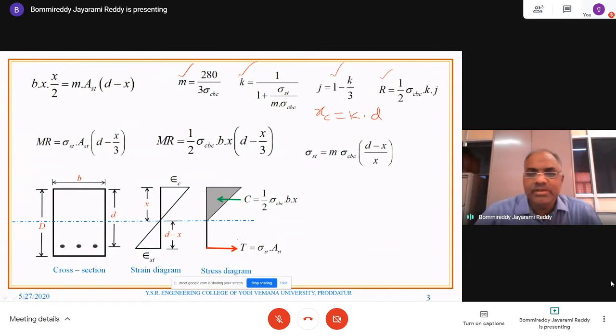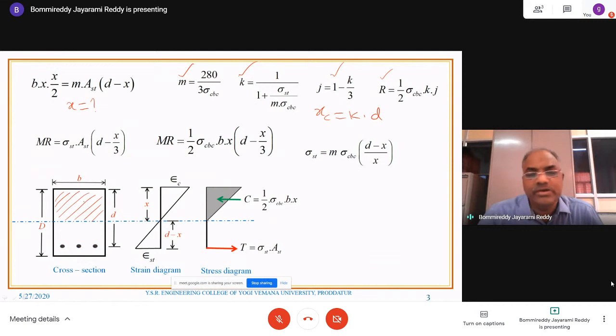Initially, for analyzing the problem, you need to find out the actual depth of the neutral axis. If you want to find the actual depth of the neutral axis, take moments of all areas above the neutral axis and below the neutral axis, about the neutral axis. Area above the neutral axis is b into x.